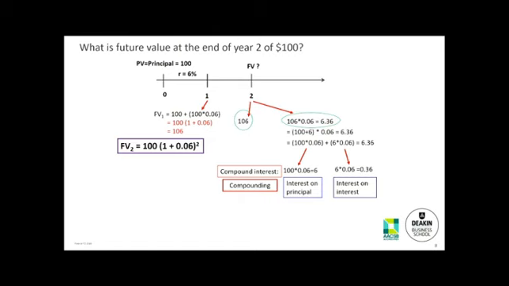To this end, future value for year 2 will equal present value times 1 plus interest for year 1, then times 1 plus interest for year 2, which equals present value times 1 plus interest to the power of 2. Get it? To the power of 2, where 2 means the number of years or number of compounds. How many times your cash flow gets compounded, or how many times your principal gets compounded. Does this make sense for you?